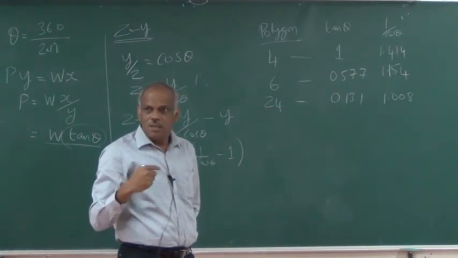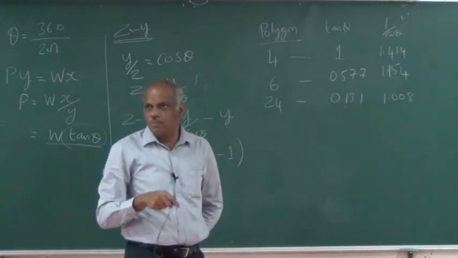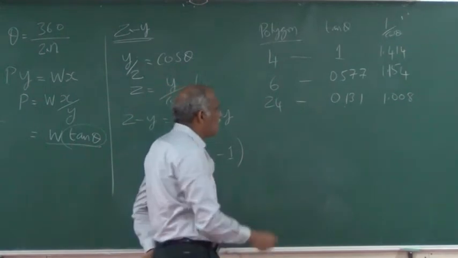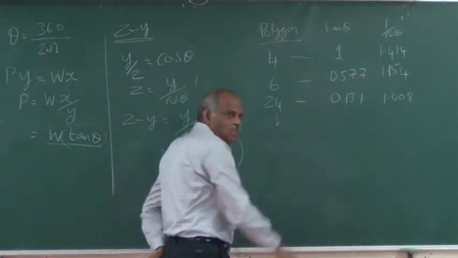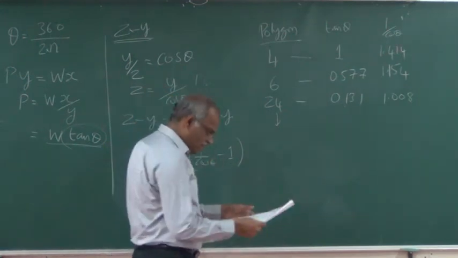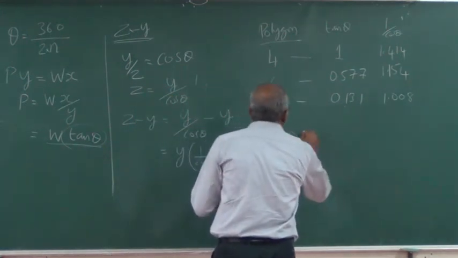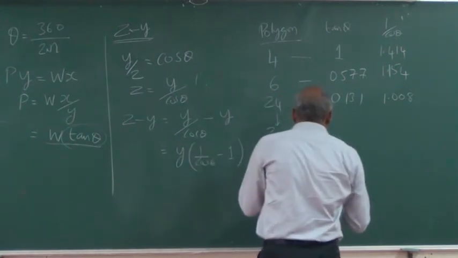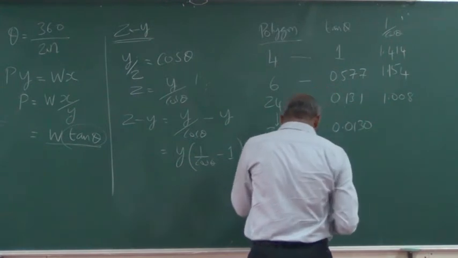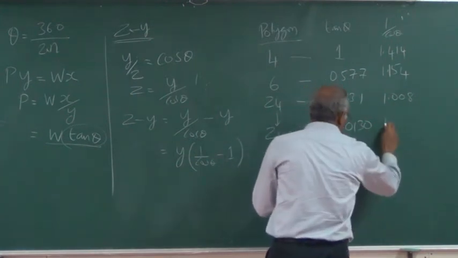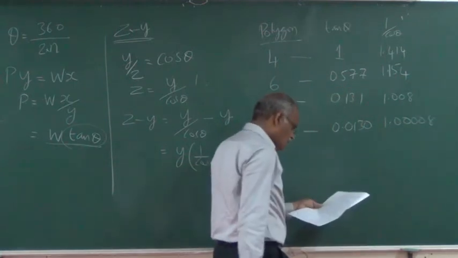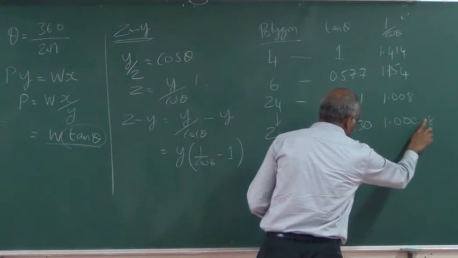So we can have a benefit of rolling a polygon so that we don't spend much energy, we don't waste energy. So why should I stop with 24? I can keep on increasing it. If I say that is 240, then the tan value is 0.0130, and 1 by cos is 1.0008.